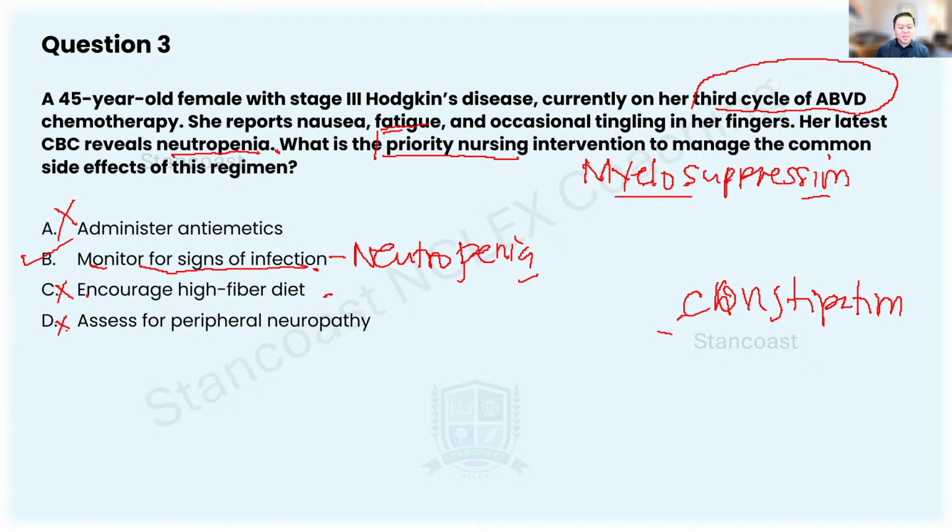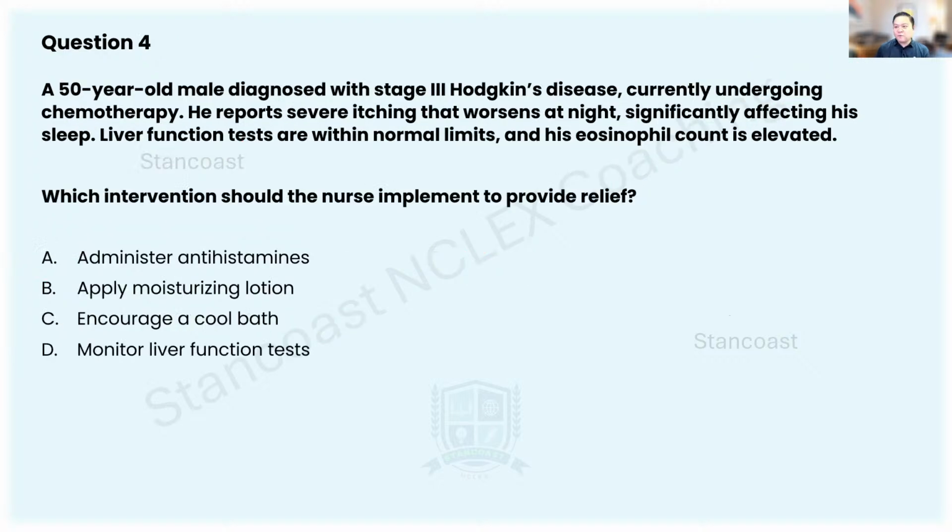Myelosuppression. Now, talking about number 4 at this time. A 50-year-old male diagnosed with stage 3 Hodgkin's disease, currently undergoing chemo. He reports severe itching that worsens at night, significantly affecting his sleep.